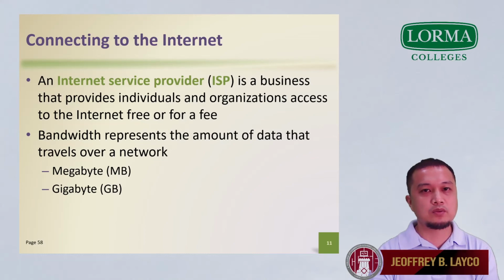It was mentioned previously that bandwidth represents the amount of data that travels over a network. Higher bandwidth means more data transmission. Data size is typically stated in megabytes and gigabytes. A megabyte is approximately 1 million characters, and a gigabyte is approximately 1 billion characters.